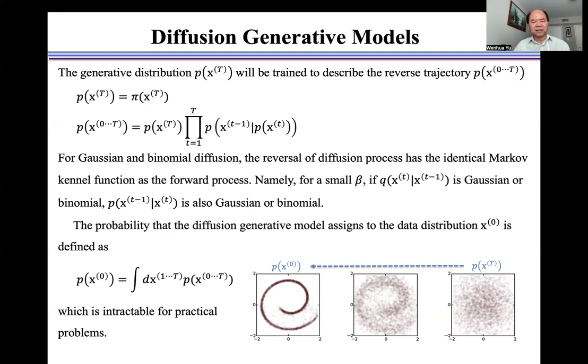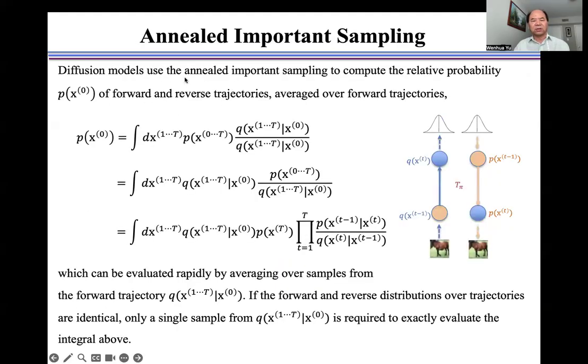So the probability that the diffusion generative model assigns to the data distribution x0 is defined as here, which is intractable for practical problems. Diffusion models use annealed importance sampling to compute the relative probability of forward and reverse trajectories, averaged over forward trajectories, as shown here and explained in this figure, which can be evaluated rapidly by averaging over samples from the forward trajectory q.